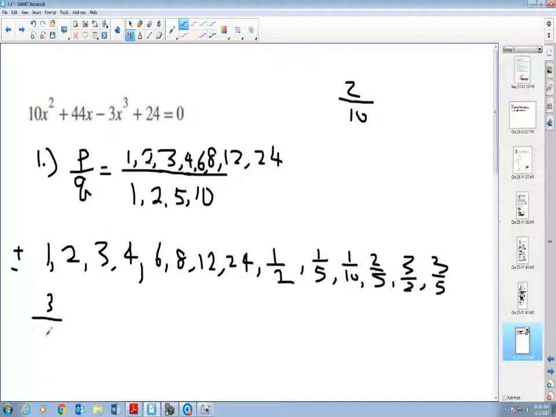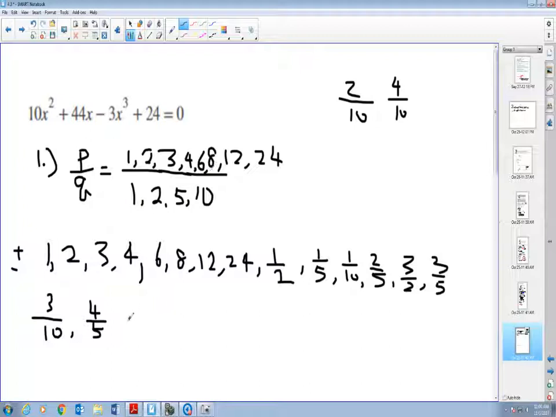Ooh, this is a lot of them. Alright. 4 over 1 is 4. I already got it. 4 over 2 is 2. 4 over 5 is 4 over 5. 4 over 10. What's 4 over 10 reduced by 2? 2 over 5. I already got it. Okay. 6 over 1 is 6. 6 over 2 is 3.